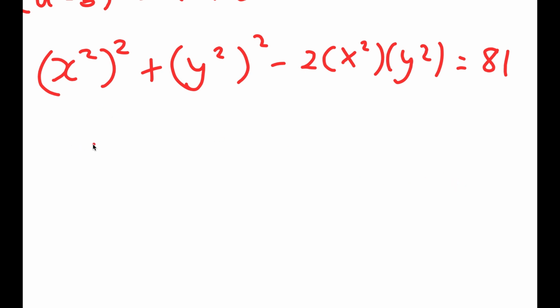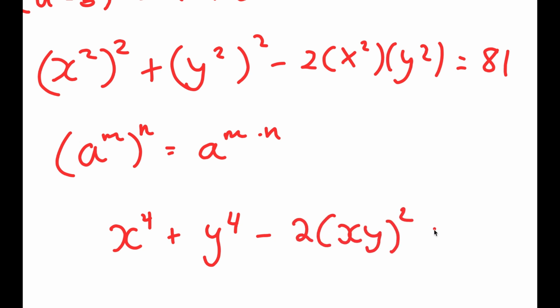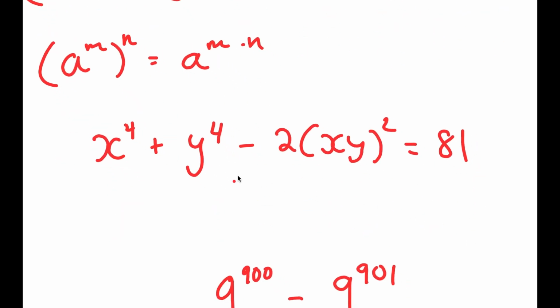Now, if I have something in the form a to the power of m, to the power of n, this is equal to a to the power of m times n. So (x squared) squared is equal to x to the power of 2 times 2, which is x to the power of 4. Same with (y squared) squared, so it's y to the power of 4. And I have this minus 2, I can say (x times y) squared, is equal to 81.